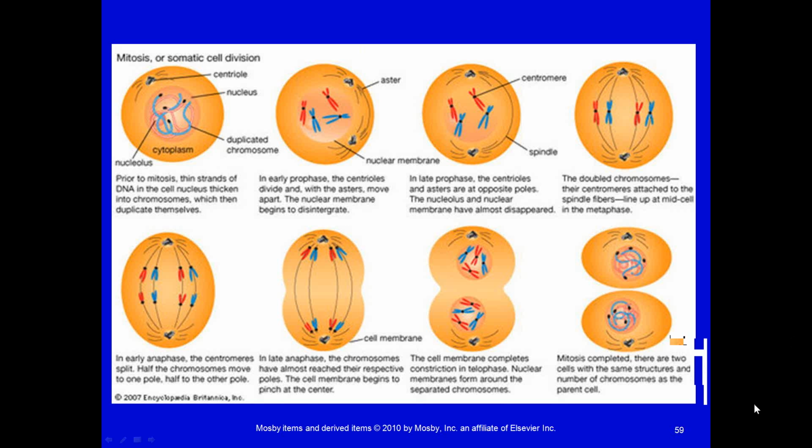If that concentration is really high on one side of the membrane and really low on the other side, it creates a pressure known as osmotic pressure, or the osmotic gradient. And that's the difference in concentration from one side to the other of a semi-permeable membrane.